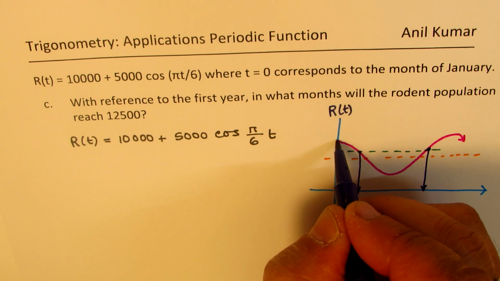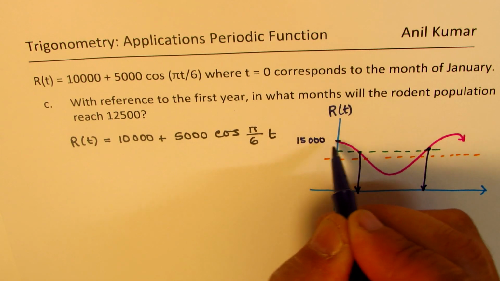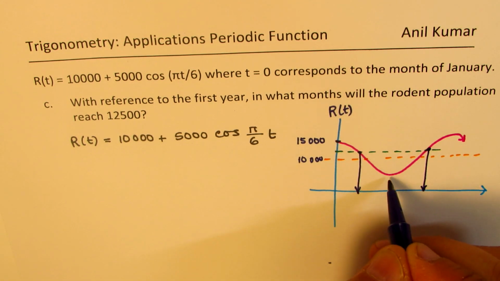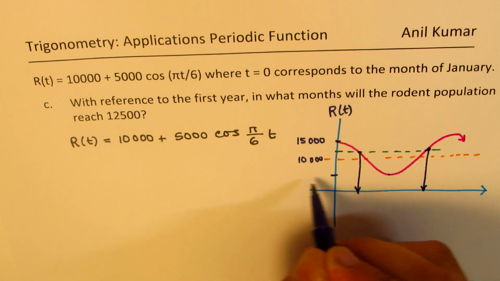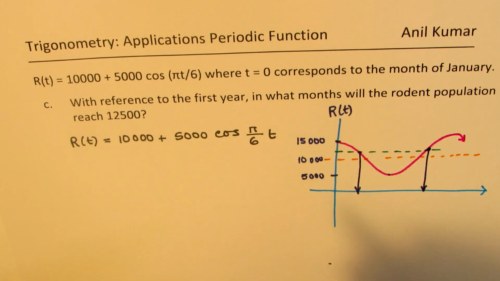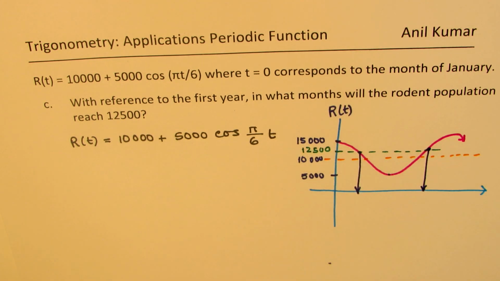This value here is 15,000, this value here is 10,000, and the minimum is 5,000. We are interested in finding when it will reach 12,500.